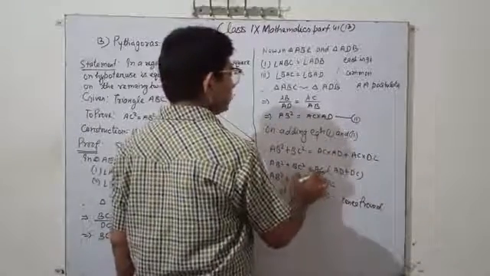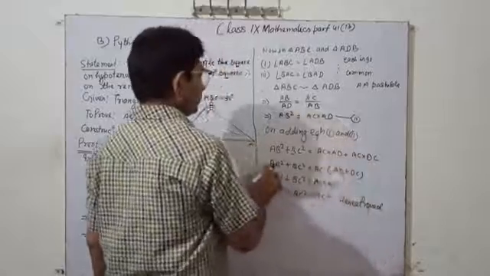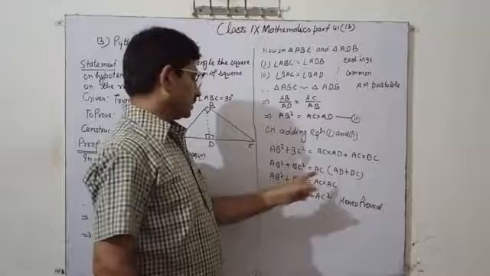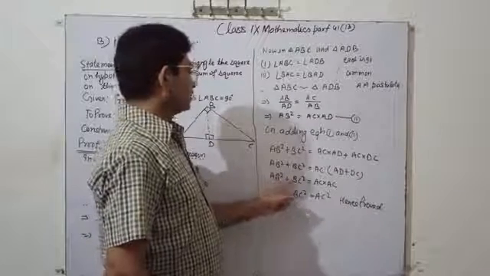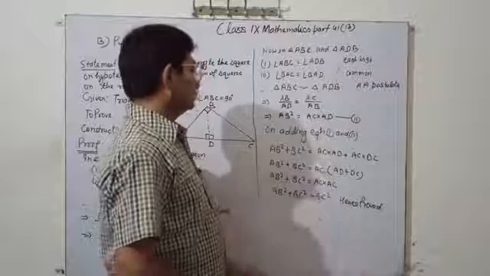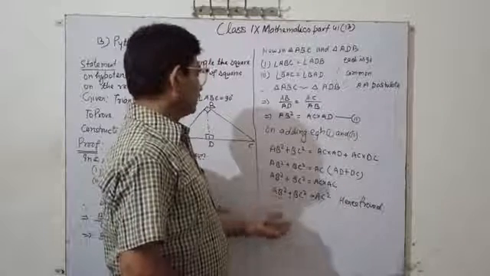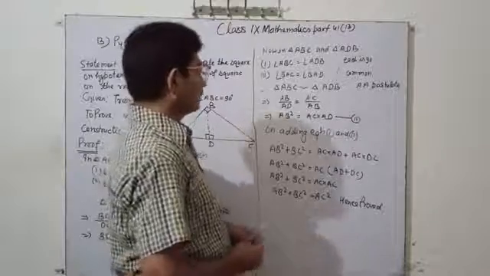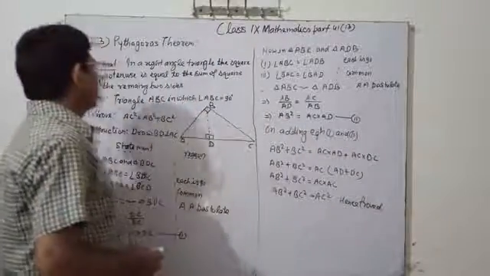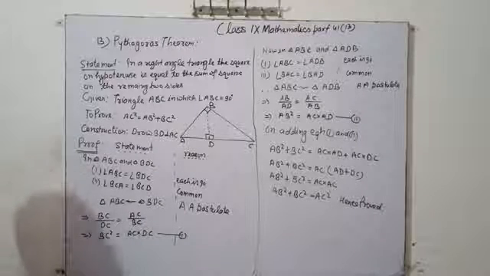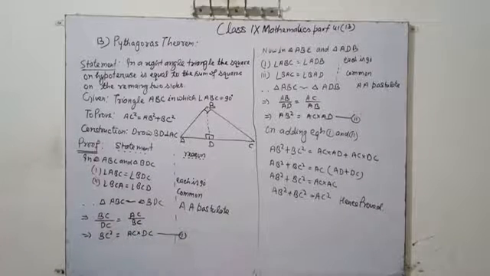Taking common AC, AD plus DC, means AB square plus BC square equal to AC into AC, means AB square plus BC square equal to AC square, hence proved. This is the Pythagoras theorem.